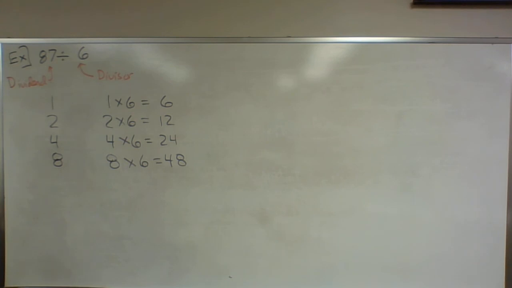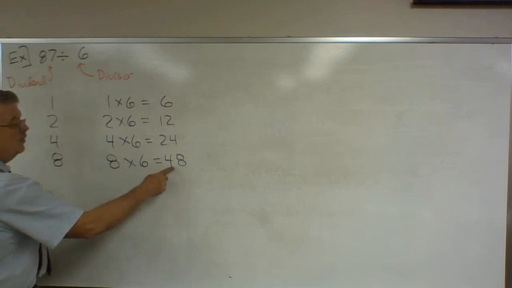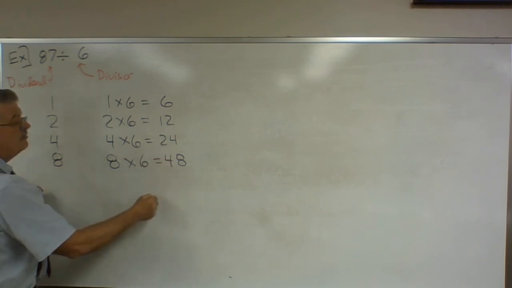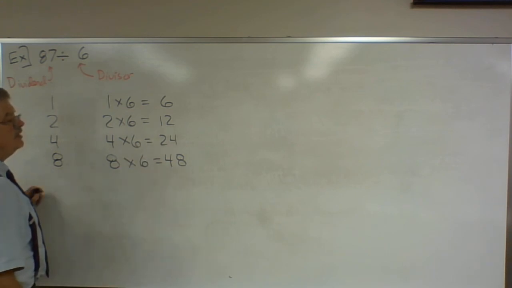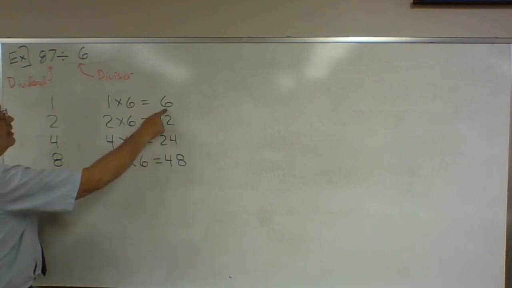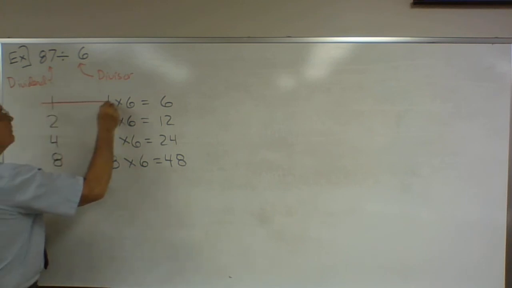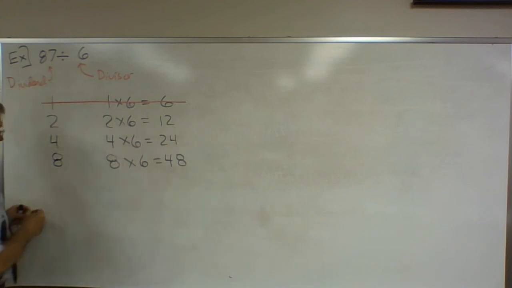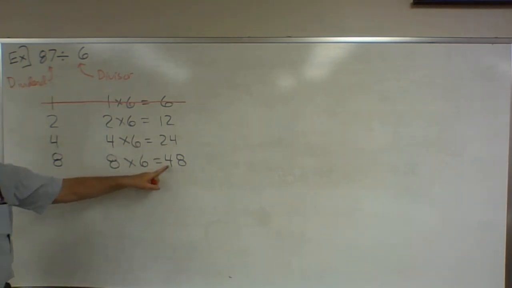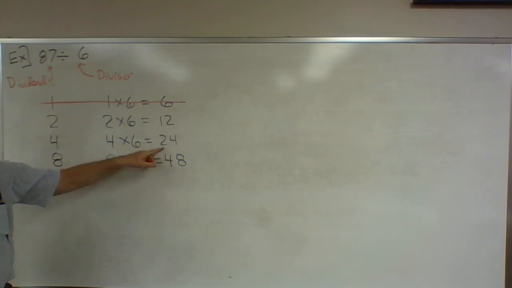This might do it. 48 plus 24 is 72, plus 12 is 84. We're getting close. Plus 6 is 90. We were very close, but that messed us up.